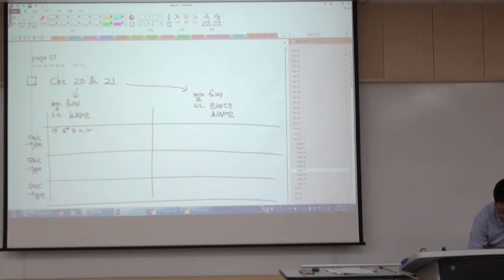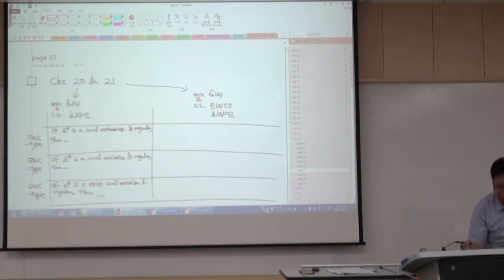If X star is a local extremizer and regular, then something. Here, X star is a local minimizer and regular, then something. If X star is a strict local minimizer and regular, then something. Got it?